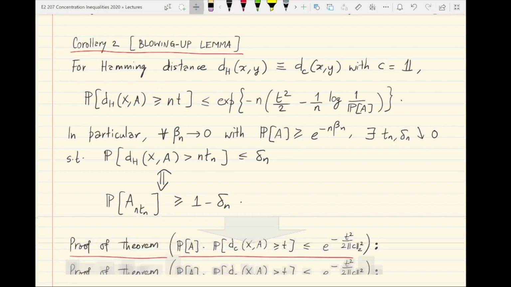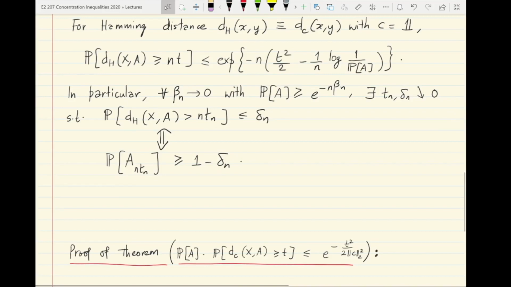What does this lemma mean in words? This blowing up lemma says that imagine there is a sequence beta n going to 0, that makes the probability of A go to 0 at a rate which is slower than exponential.